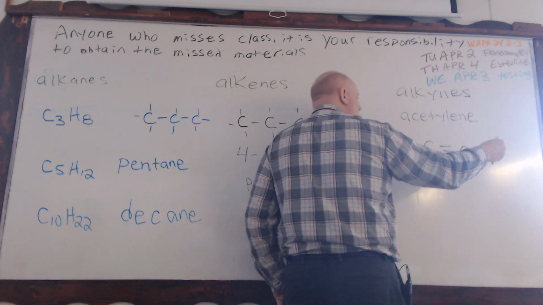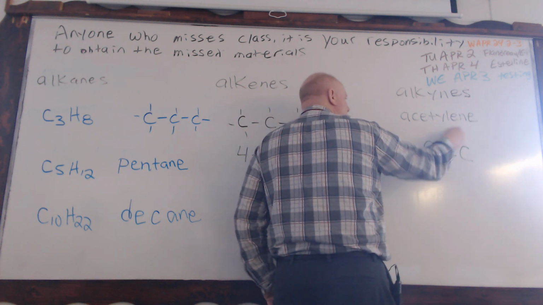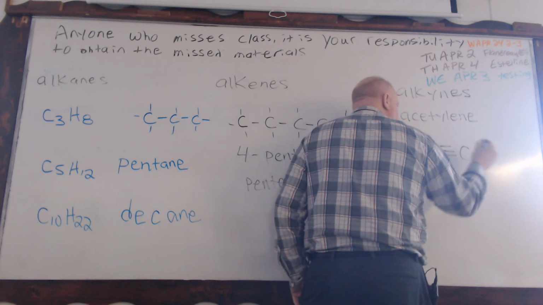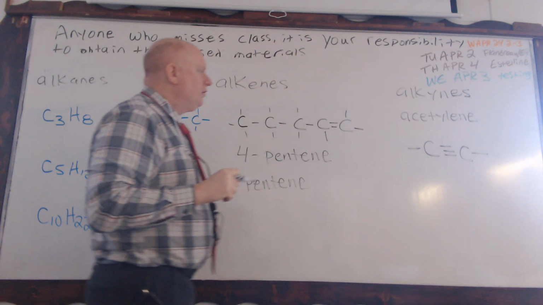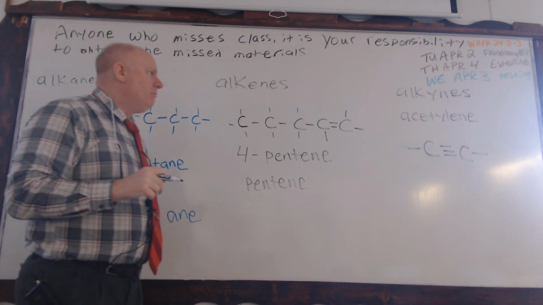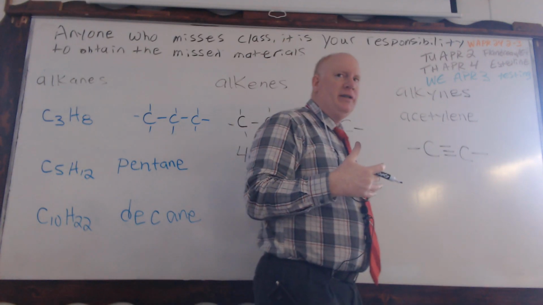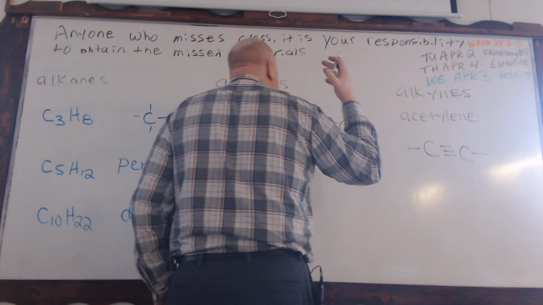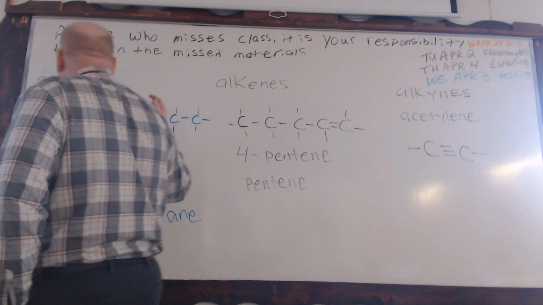Now, would you rather have the hydrogens on the top or the sides? Sides. Okay, so that doesn't make any difference. So there is our formula for acetylene. Everyone would call this acetylene, and it follows a very similar pattern.